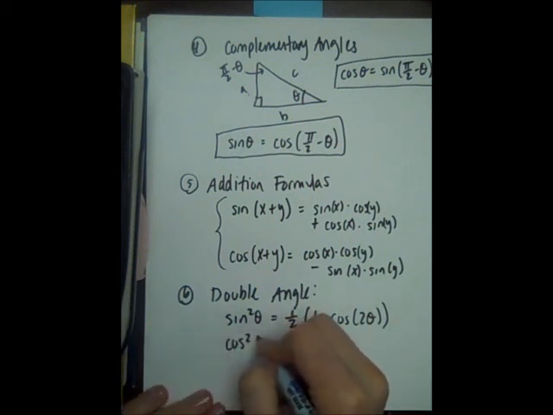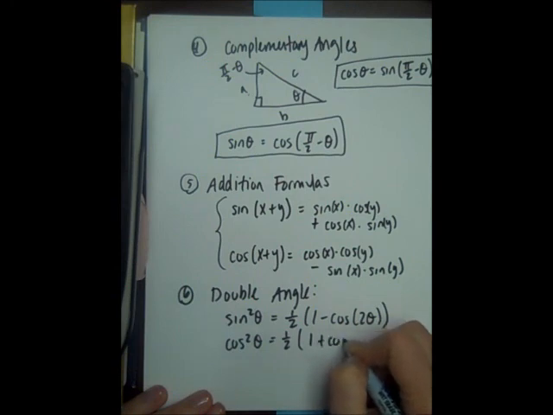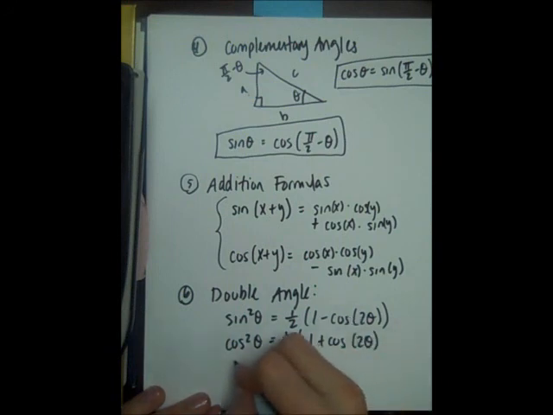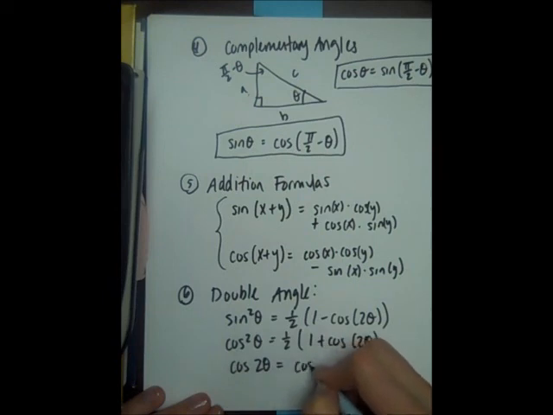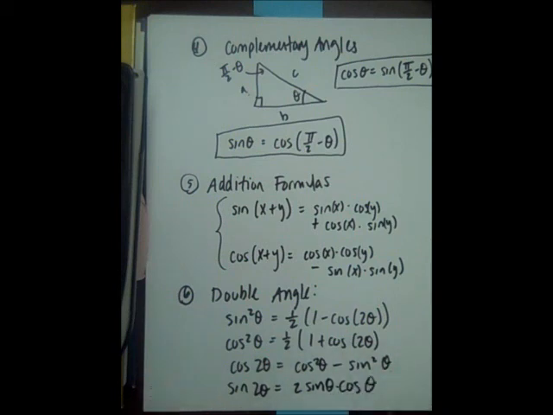Corresponding to that, cosine squared of an angle is 1/2 times 1 plus cosine of 2 times that angle. I could also say that cosine of 2 times an angle is cosine squared of the angle minus sine squared of the angle. And then lastly, sine of 2 times an angle is 2 sine of the angle cosine of the angle.